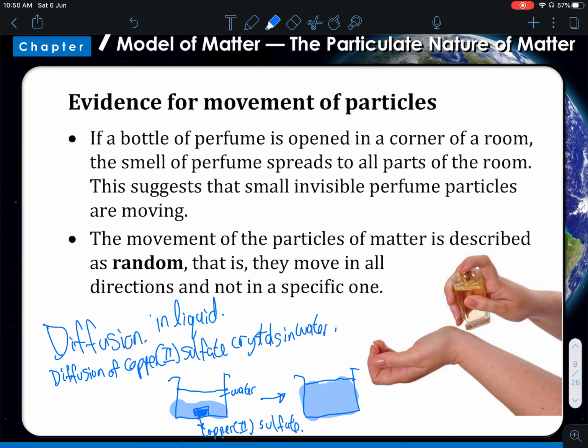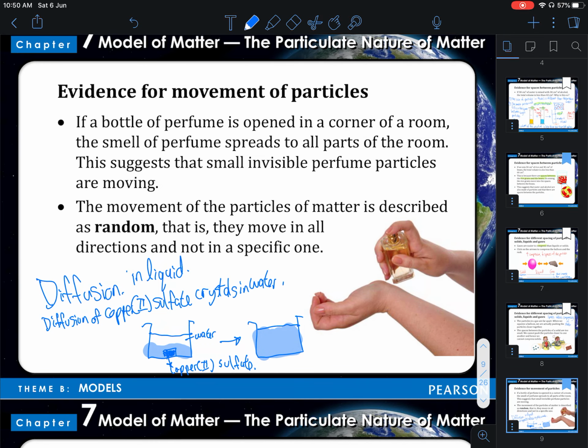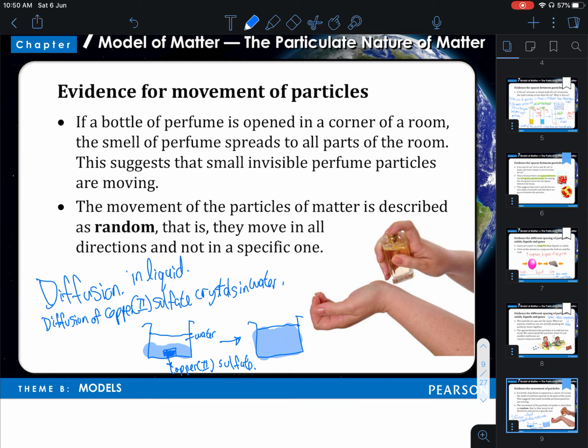Another experiment to show that diffusion of gas actually happens is the use of bromine water. So let me see if I can just add one more page here to illustrate this. Okay. So what happened is, imagine you have this particular gas jar, and in between this gas jar you have a paper, a lid actually.